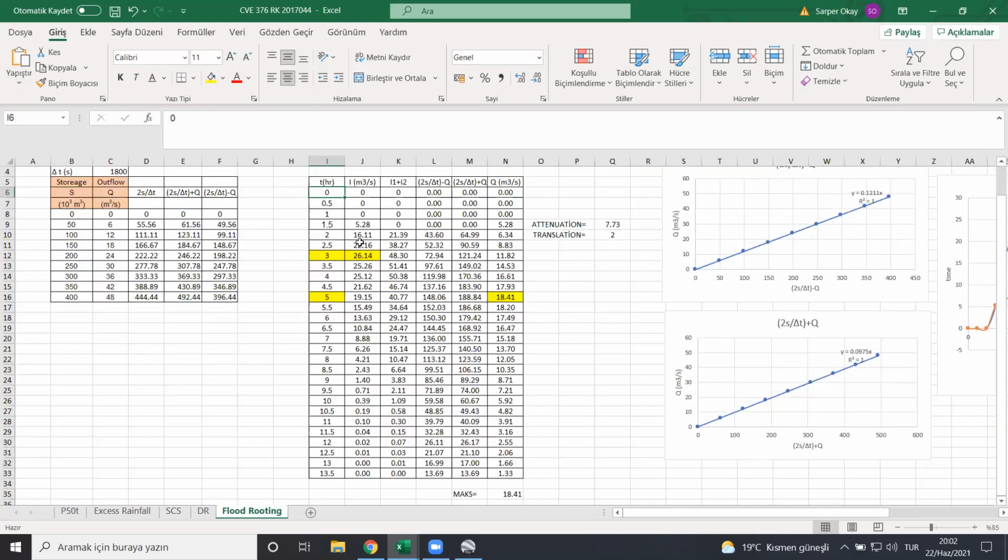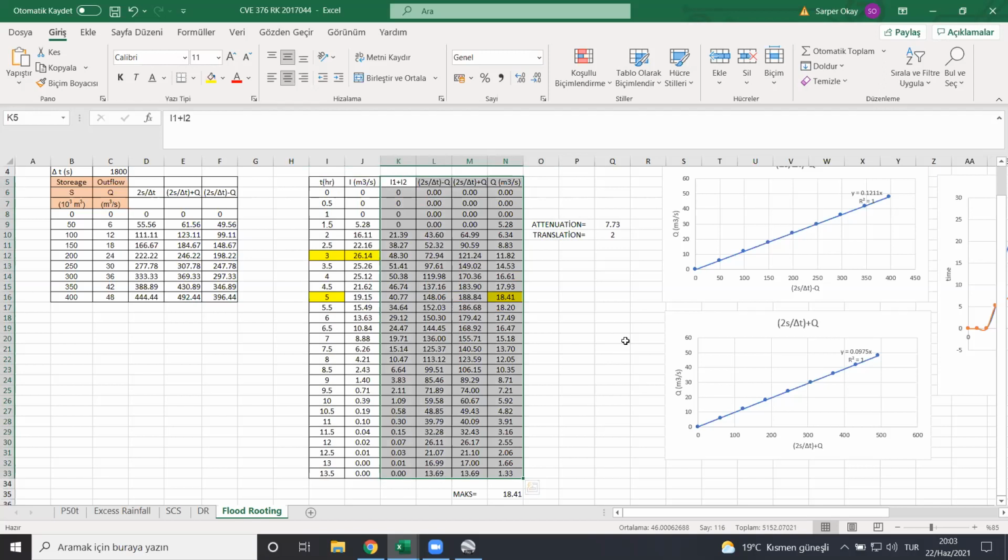Inflow is shown as I. So you take them and copy here as inflow, and then you'll have something like I1 plus I2. You'll write these 2 columns, then you need to calculate these 4 columns.